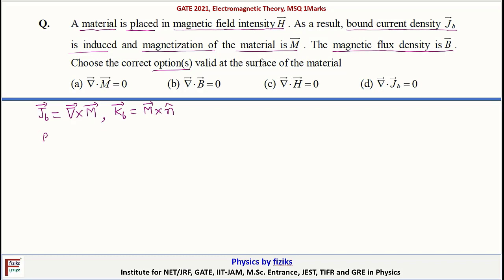And we also know that B is given by mu naught times H plus M. Now since divergence of B is 0, this is always 0.